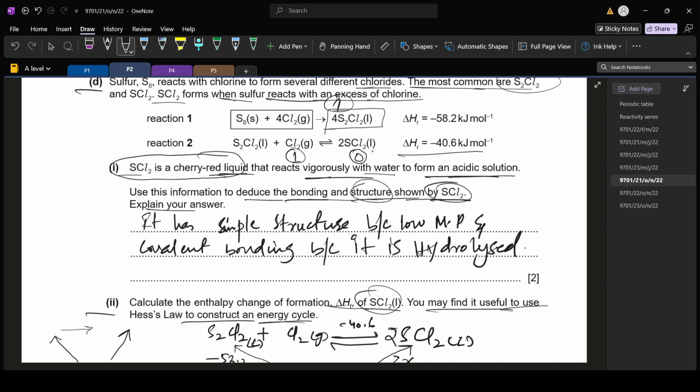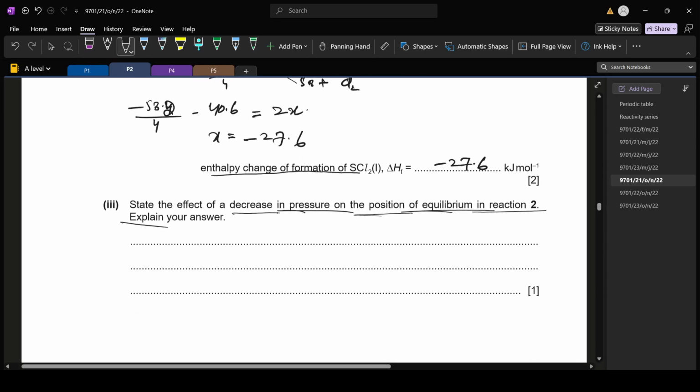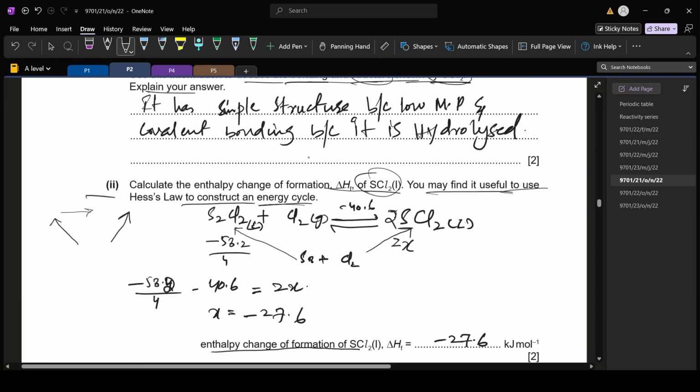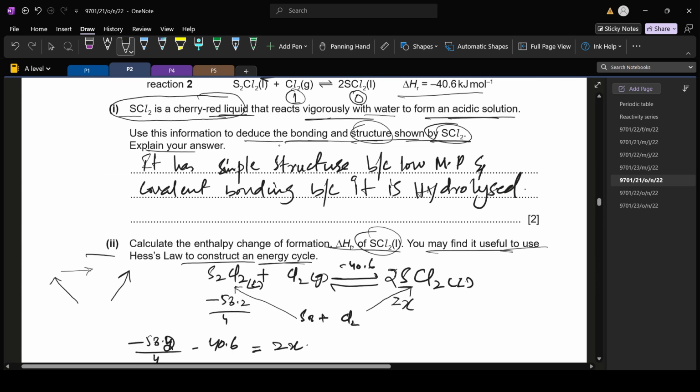If you increase the pressure, the equilibrium will shift to the right side. Now this is saying that the pressure is decreased. So if the pressure is decreased, the equilibrium will move to the left side.